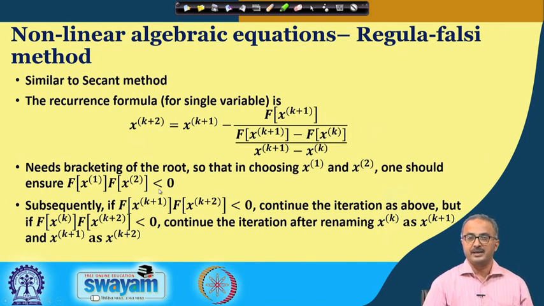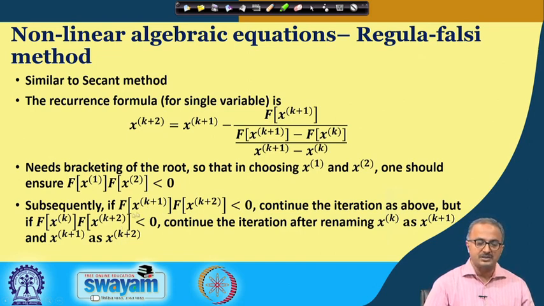That means we are bracketing, and this was the same thing we used in the bisection search. After this we check whether the updated value is bracketing the root or not. For checking that, again we find the product of the function values at k plus 1 and k plus 2.